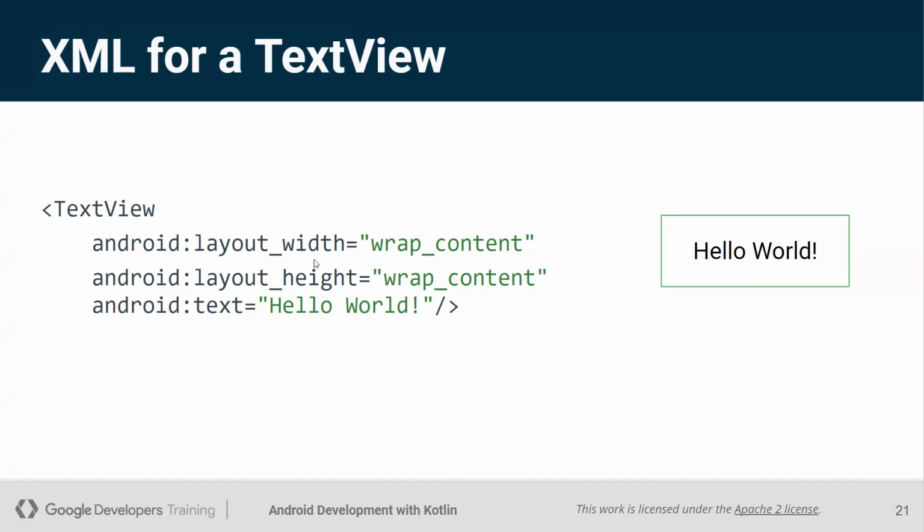In there, first you define the layout width. Layout width is defined as wrap content. Wrap content means that the width of this layout will be defined by the text that we put inside, right?